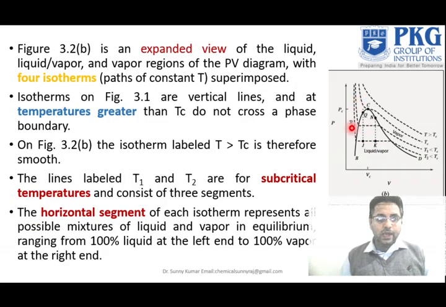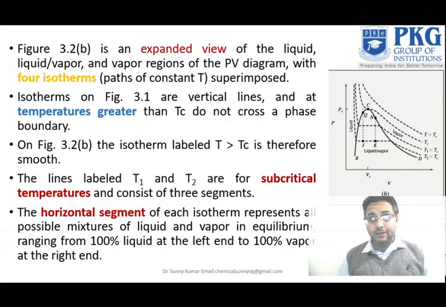The horizontal segments of each isotherm represent all possible mixtures of liquid and vapor in equilibrium, ranging from 100% liquid at the left to 100% vapor at the right end. Here it is 100% liquid, and here it is 100% vapor. After that it is a vapor.